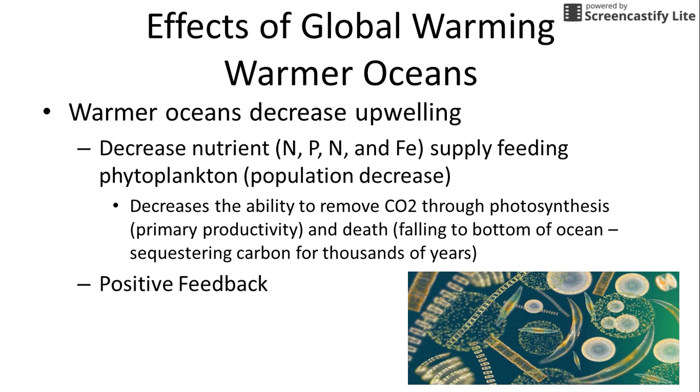So all of these macronutrients and micronutrients are coming up from these upwellings and feeding the phytoplankton. If they don't have these nutrients, then their populations will decrease. And so that will decrease their ability to remove the carbon dioxide through photosynthesis. And so this is another positive feedback loop.